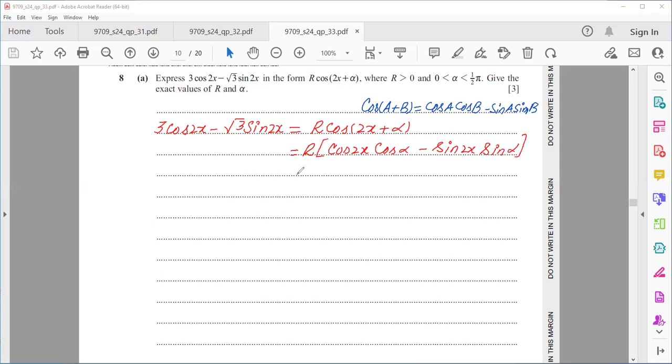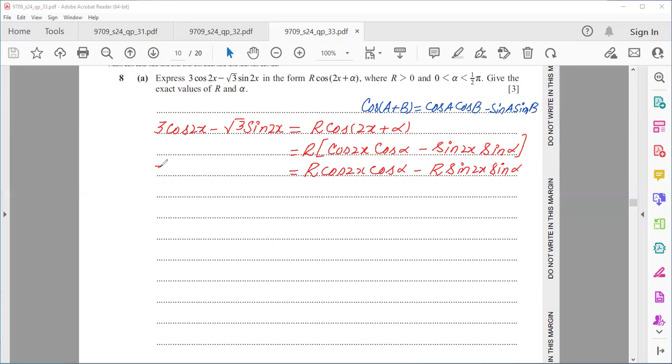Expand this bracket. When you expand, you will get r times cos of 2x into cos of alpha minus capital R times sine of 2x into sine of alpha.